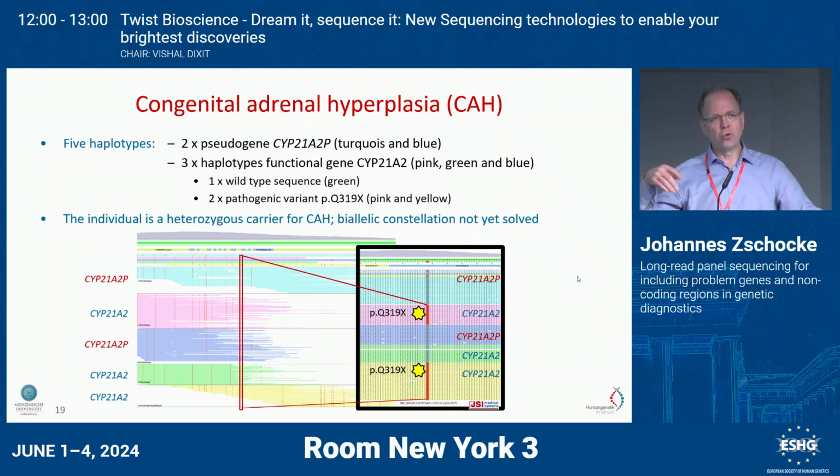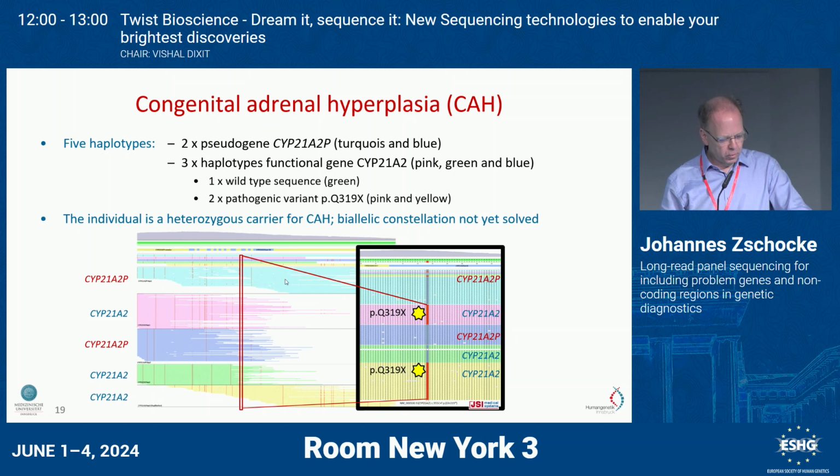When we used our sample, we have a duplication. We tried out with the duplication sample. It is easy to sort the 5 different haplotypes, which you can see here. There are 2 CYP21 pseudogene haplotypes and 3 CYP21 gene haplotypes.